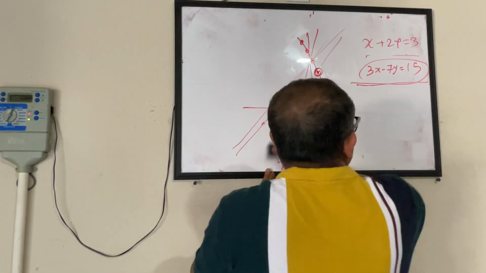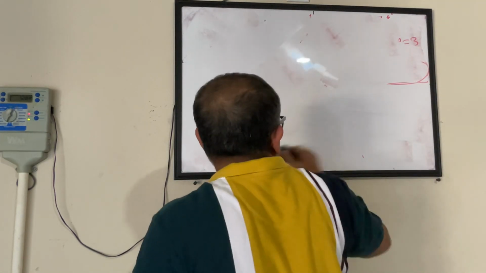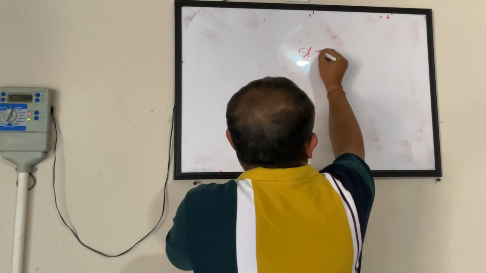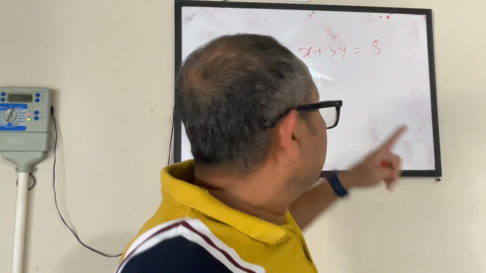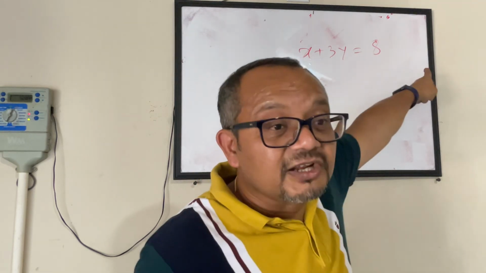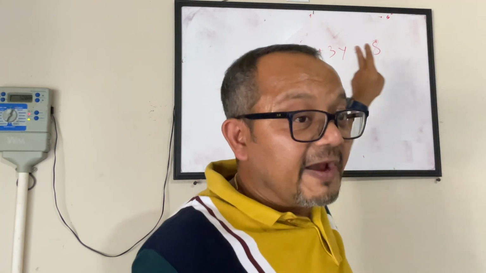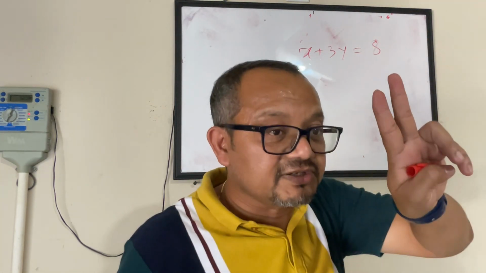Look at this. Somebody says x plus 3y equals 8. Find out the value of x and y. You cannot solve it. As we heard, this cannot give me an exact solution, because if I have two variables, I need two equations. Remember?